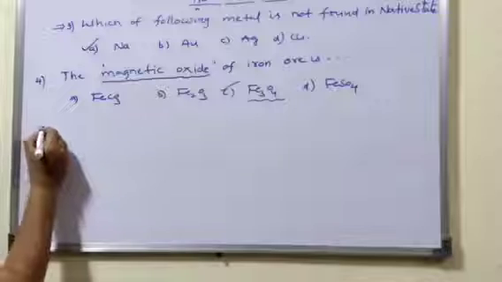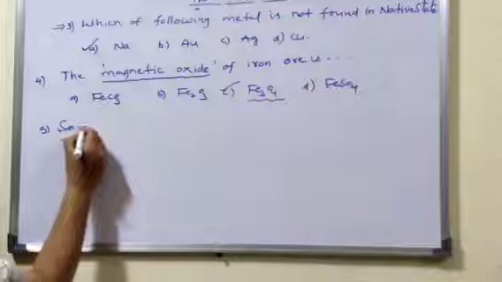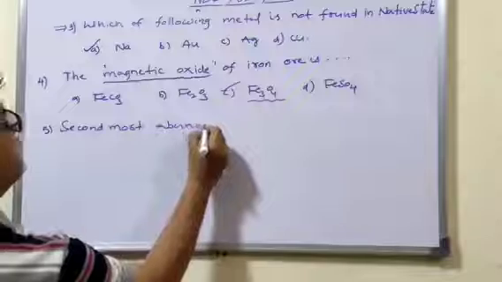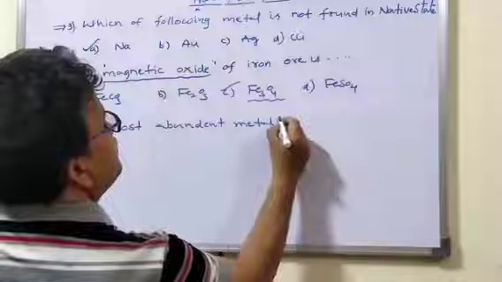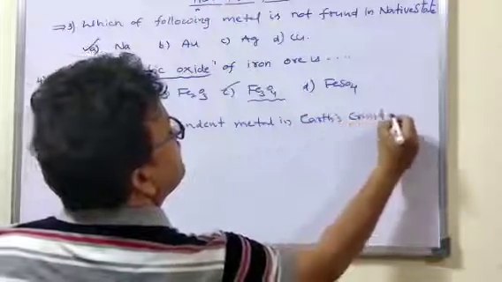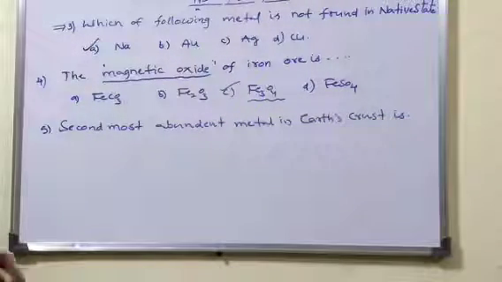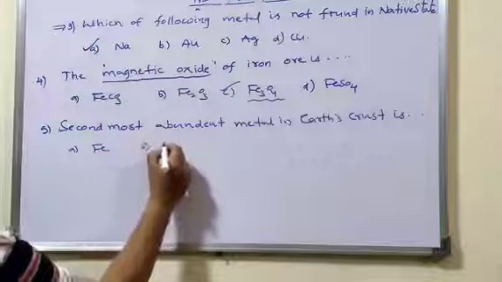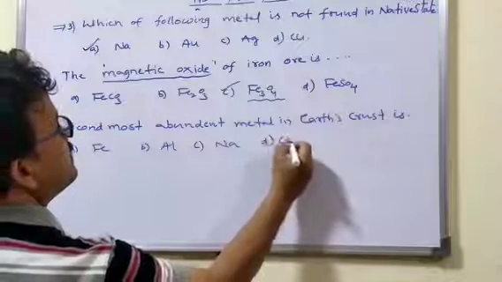Next, question number 5. Second most abundant metal in earth crust is: iron, aluminum, sodium, calcium.